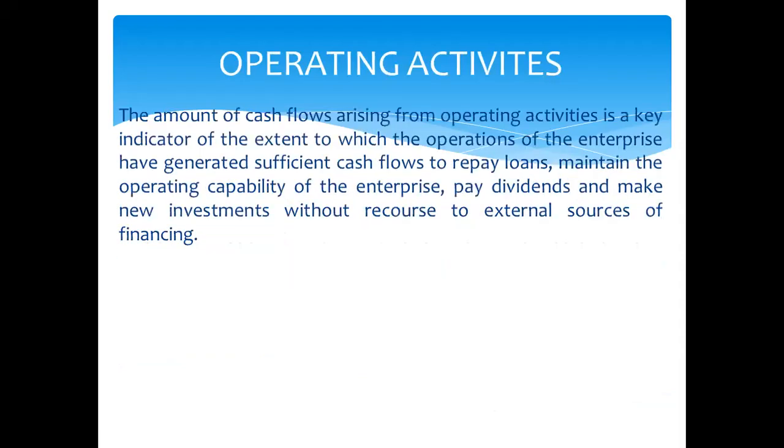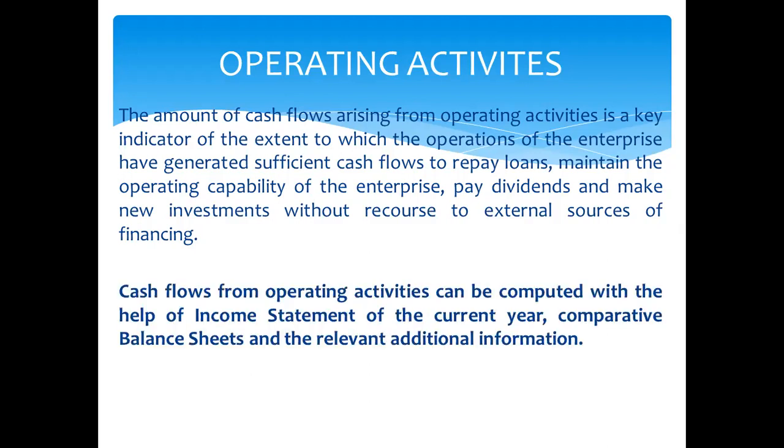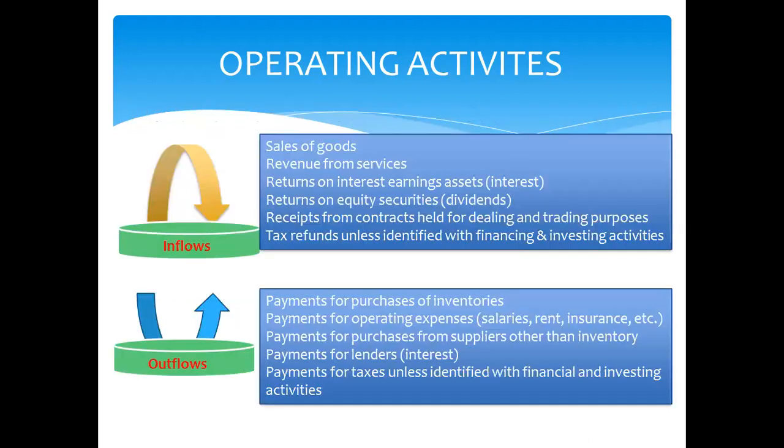In operating activities, the amount of cash flows arising from operating activities is a key indicator of the extent to which the operations of the enterprise have generated sufficient cash flows to repay loans, maintain the operating capability of the enterprise, pay dividends, and make new investments without recourse to external sources of financing. Cash flows from operating activities can be computed with the help of the income statement of the current year, comparative balance sheets, and the relevant additional information.